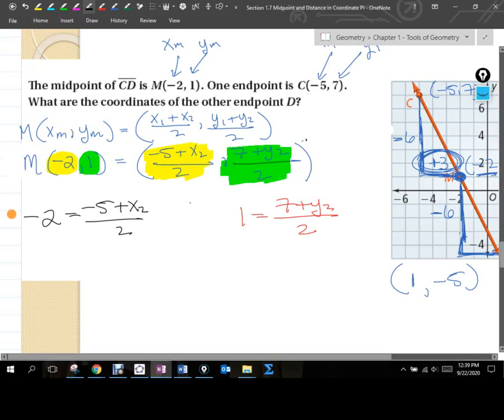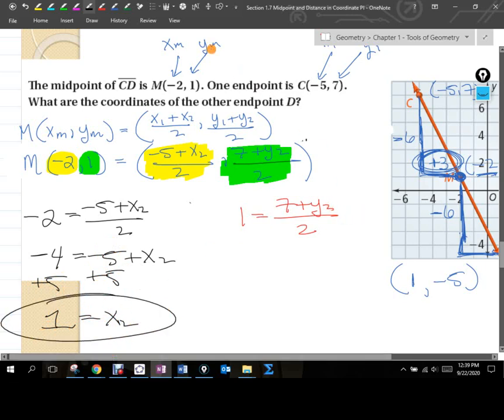What can I multiply everything here by to get rid of that fraction? Get rid of that 2 in the bottom here. I multiply by 2. So we get negative 4 is equal to negative 5 plus x sub 2. I'll add 5 to both sides. And I get 1 is equal to x sub 2.